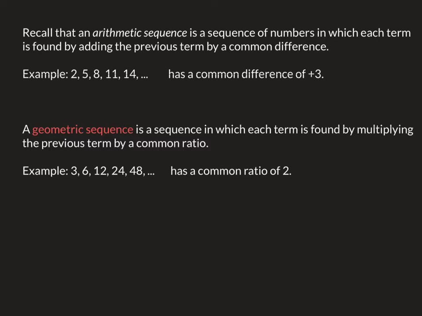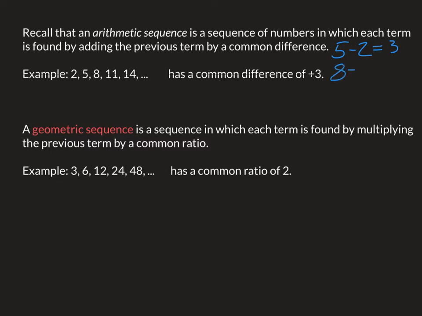In my example, I have the sequence 2, 5, 8, 11, 14, and so on. And it says here we have a common difference of 3. We can note that that's true because if we start with the second term 5 and I subtract off 2, the result is the difference 3.